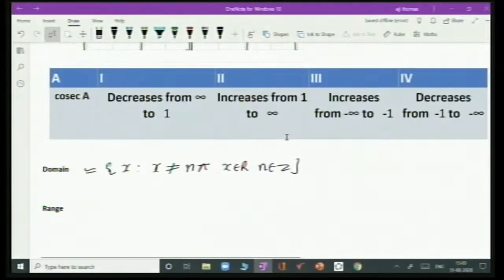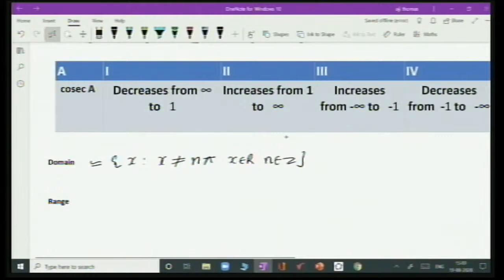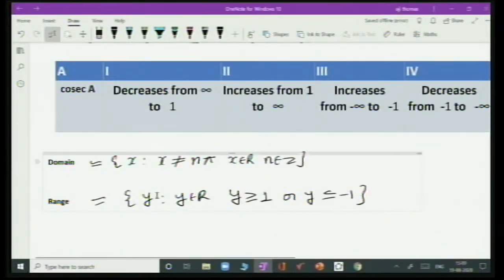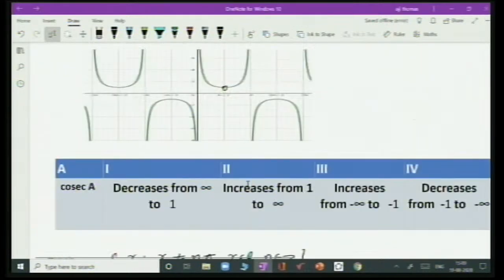So what is the range for cosec x? The range for cosec x is all y belonging to real numbers such that y is greater than or equal to 1 or y is less than or equal to minus 1. So this is how we define the domain and range of the cosec function.